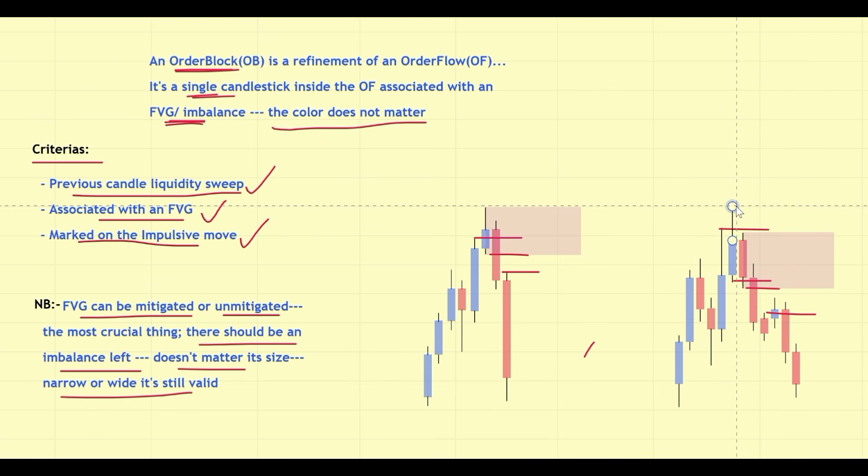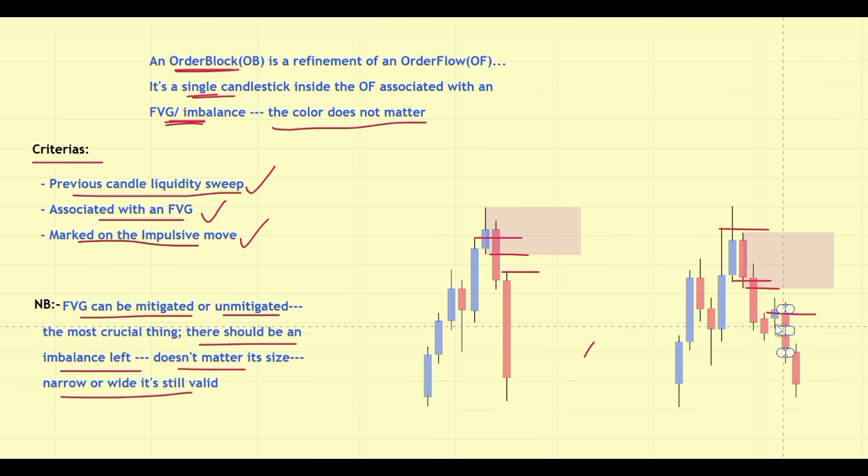So in this case, I know this is the candle that took out the previous candle high, but I'll be picking this one here, which is associated with a fair value gap, as the order block. The reason I'm only picking this is because an order block needs to be a single candlestick inside the order flow.